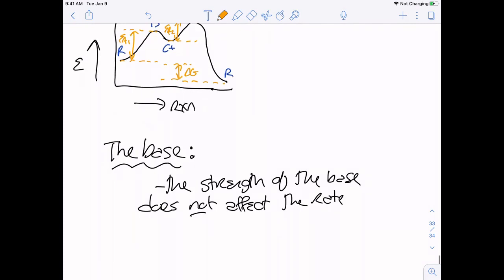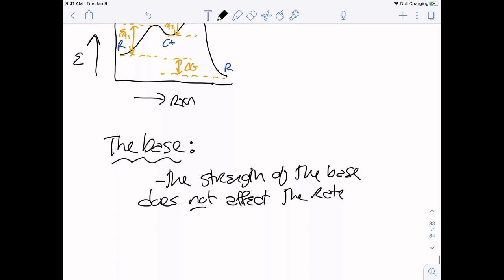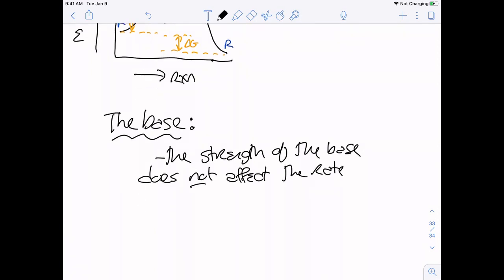So for that reason, it does not have to be strong. If you have a strong base, E2. If it's not that strong of a base, now we have to consider SN1 and E1. So weaker bases are okay.